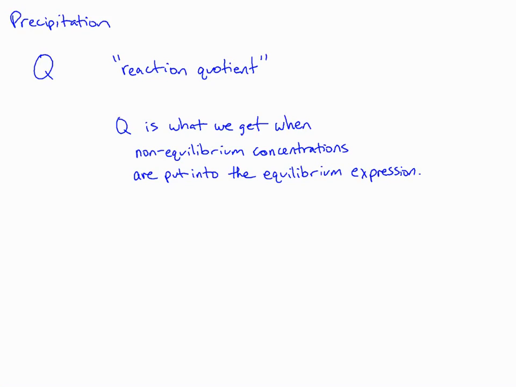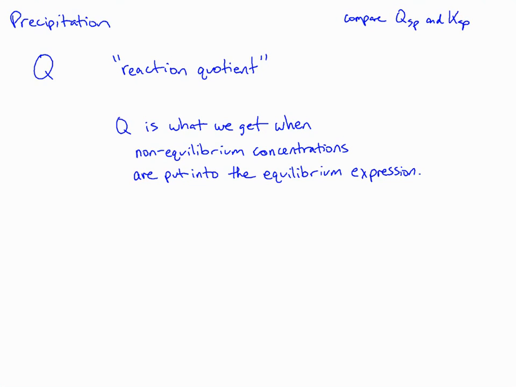Okay, this is the very end of section 3.2, and we're talking about precipitation. So we can predict whether a precipitate will form by comparing QSP and KSP. So here's what we're doing. Compare QSP and KSP.